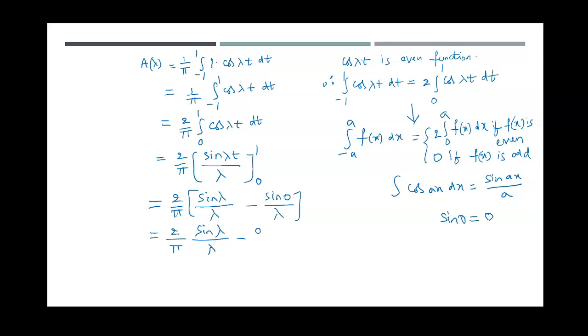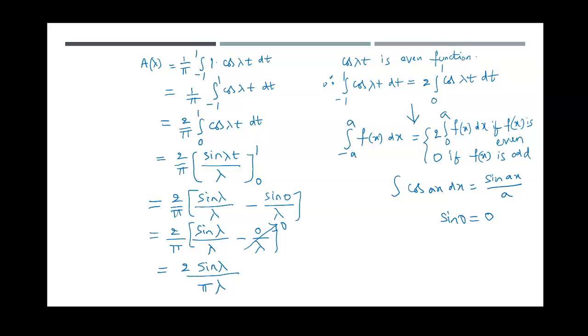So minus 0 by lambda, which is equal to 2 by pi into sin lambda upon lambda. This term vanishes because this is 0, so 0 by lambda is 0. So you get 2 sin lambda upon pi lambda.